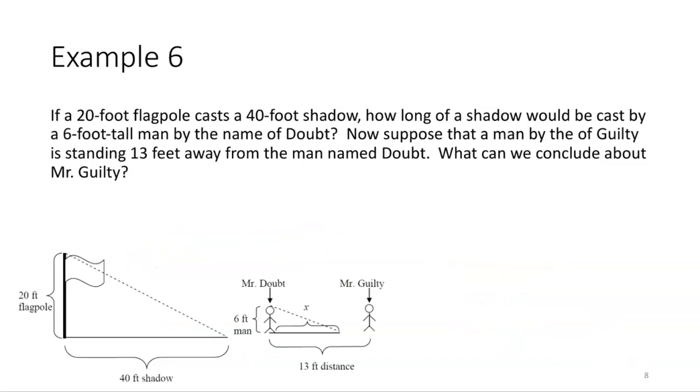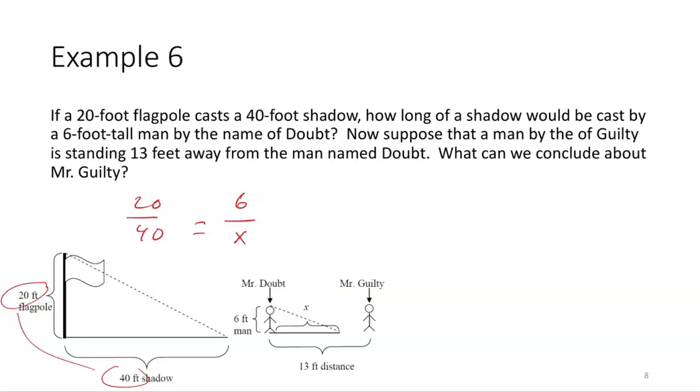All right, and finally, if a 20-foot flagpole casts a 40-foot shadow, how long of a shadow must be cast by a 6-foot man by the name of Doubt? In terms of corresponding parts, compare the 20 to the 40. That's equal to the man who is 6 feet to that person's shadow, which we'll call x.